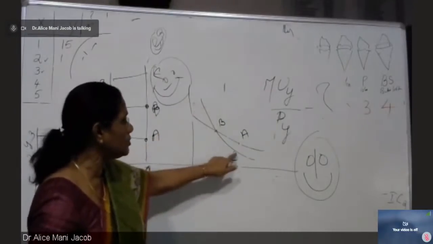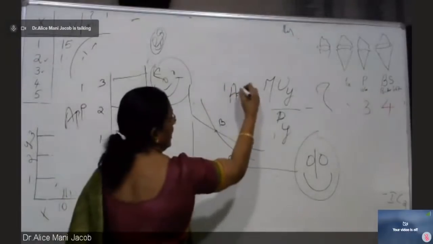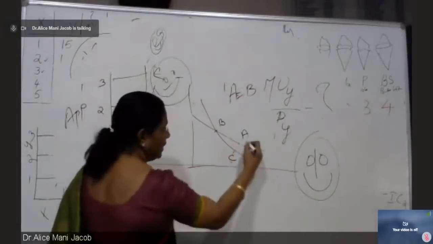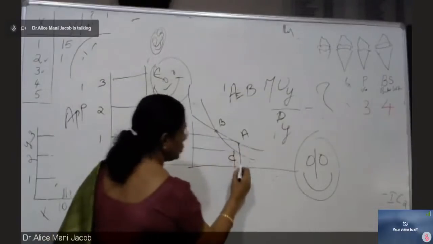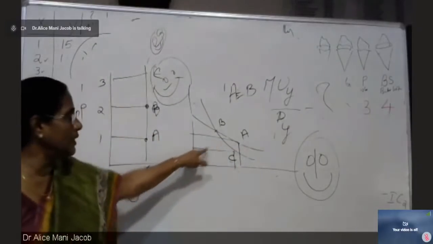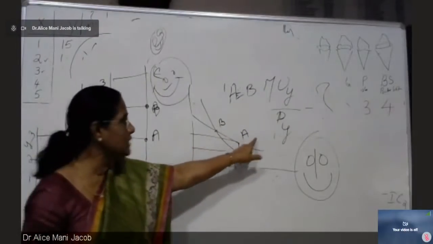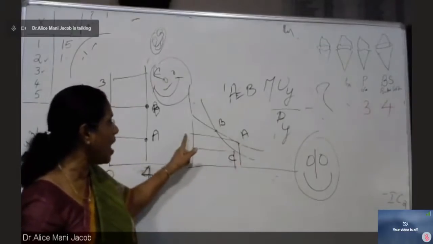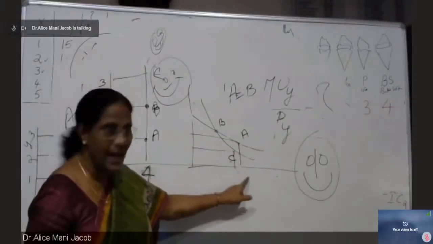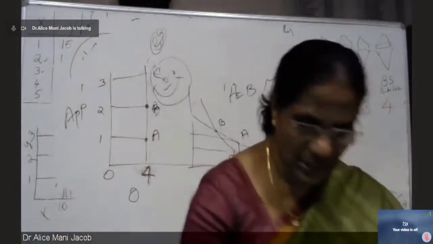B is equal to C because they are on the same indifference curve. Then A would be equal to C. But we know A is not equal to C, because they show different combinations of goods. A is definitely more satisfying than C because A has more of Y and more of X. And so two indifference curves cannot intersect.